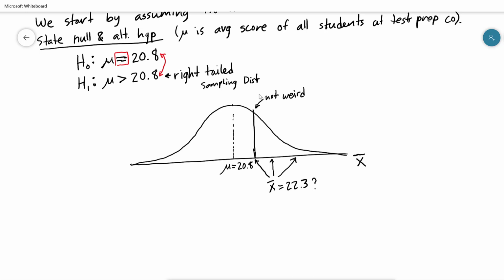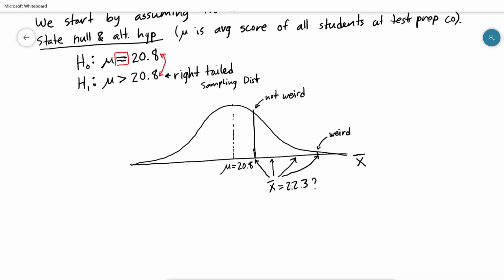But if it falls over here, or even further way over here, now we're getting into a region where that would be considered a weird result. So again, this is the tricky part, what we've got to keep in mind. We're assuming that the students at this test prep company don't really score any better or any worse than anybody else.